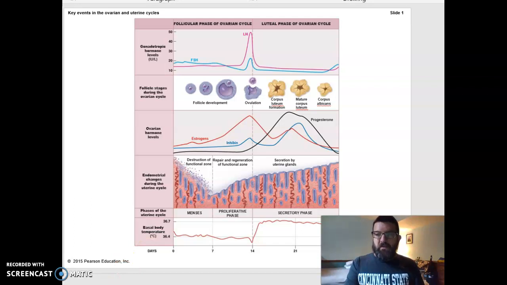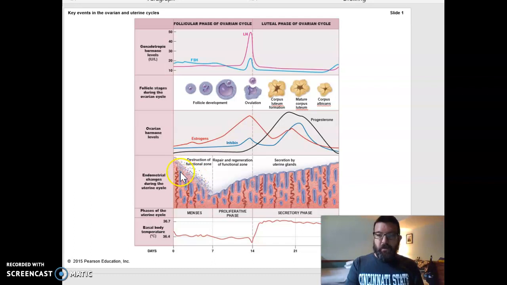Now, if there is a conceptus, if a fertilization event occurs, it will secrete a hormone that will cause the corpus luteum to stick around. But if that doesn't happen, then your corpus luteum is going to break down into a corpus albicans, your progesterone levels are going to drop, and that means you are going to move over into menses, right?